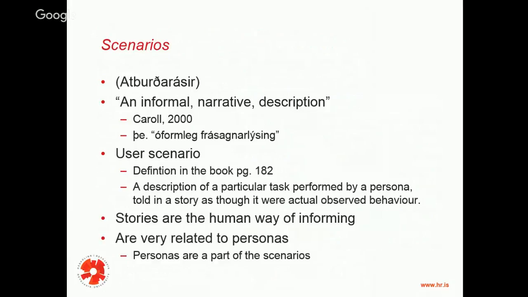The fundamental thing is that people like to tell stories and like to hear stories, and it's easy to empathize, to feel how this persona is thinking and reacting through the story. So it's very related to personas, and often you have the name of the persona in the scenarios.